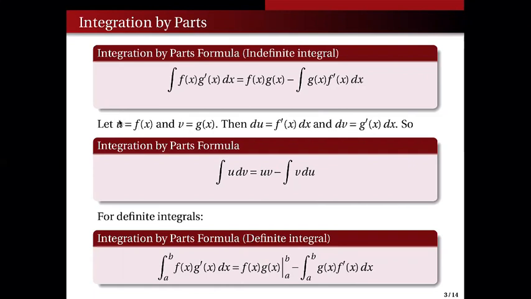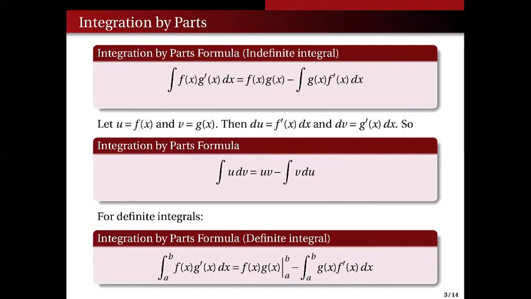Of course, if you have any function f, you can easily differentiate it. And why do you have to differentiate that? Because you will have to produce this guy here, v du, and du is the derivative of u, which is the derivative of f.